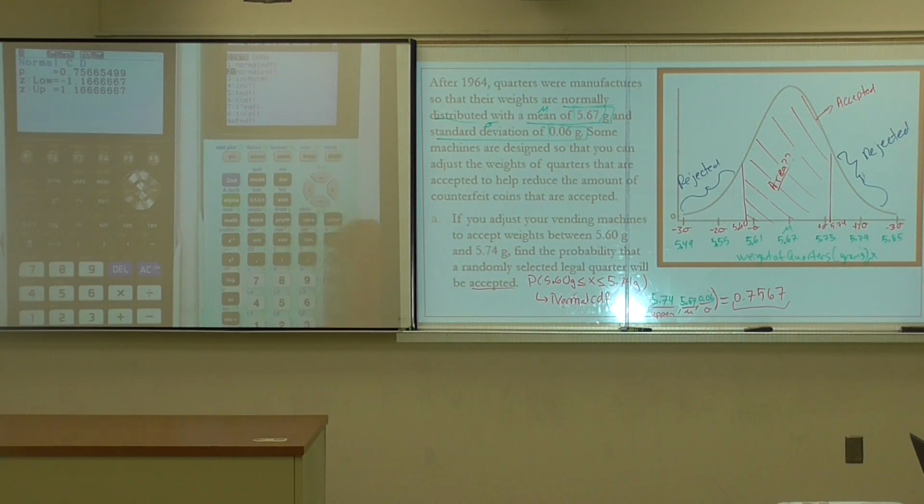I'm going to hit normal CDF. And once again, right here, it's supposed to be 5.60 for the lower. Upper is supposed to be 5.74. For the mu, it's supposed to be 5.67. And the standard deviation is supposed to be 0.06. Now paste it.